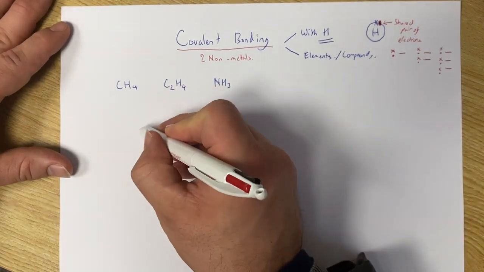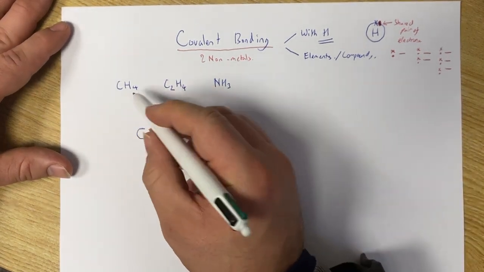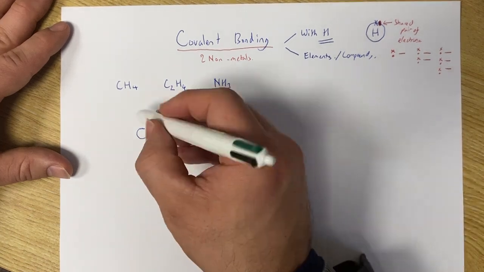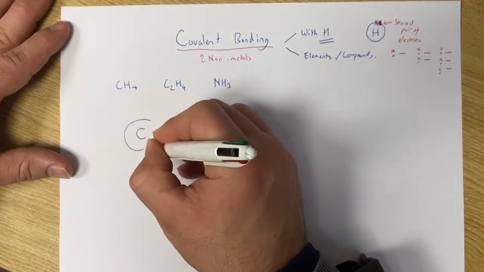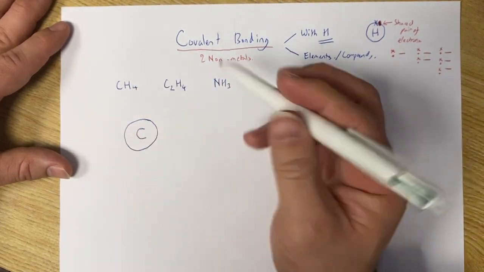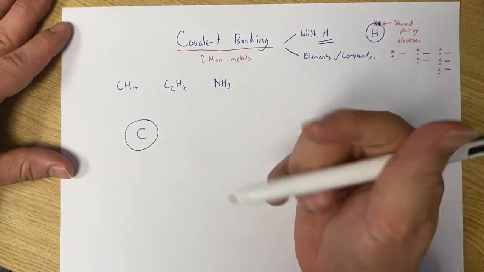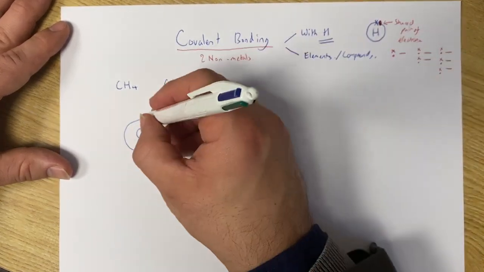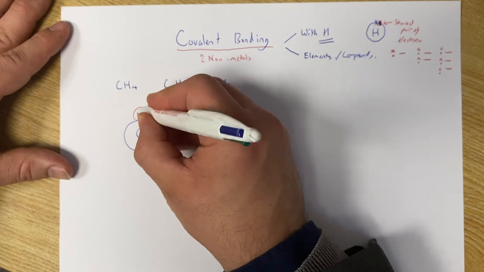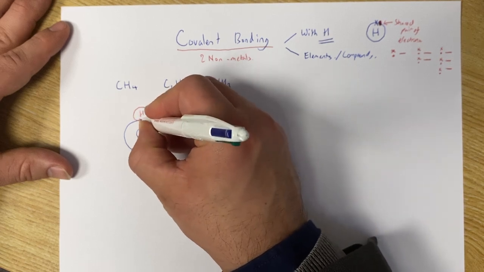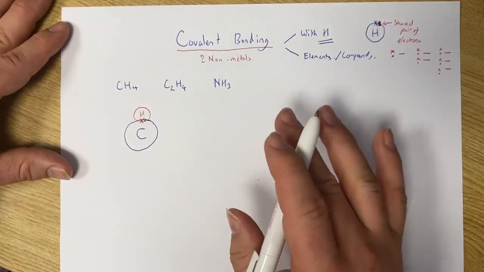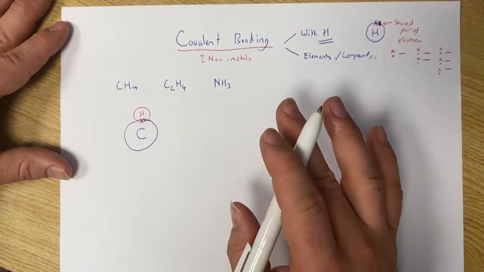So the way we deal with hydrogen containing compounds is you start off with the non-hydrogen element, which in this case is carbon, and we draw a circle around that. And the number of hydrogens you do, like I say, hydrogen never changes. You're always going to draw it as shown here. So you're going to draw a circle, put H in, and draw 1 dot and 1 cross, and that is it. So you do that however many times you've got hydrogen.